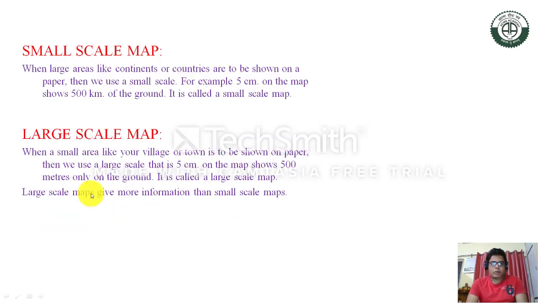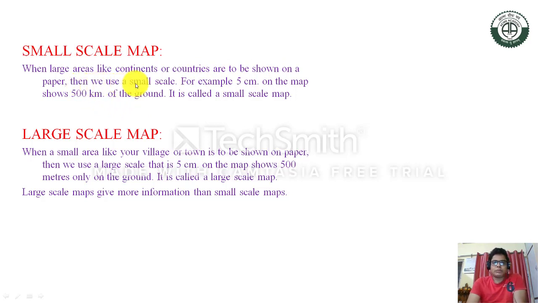Now come to what kind of scale cartographers use. Cartographers use either the small scale map or the large scale map. A small scale map is used when large areas like continents and countries are to be shown on a small paper, like A4 or A3 paper.